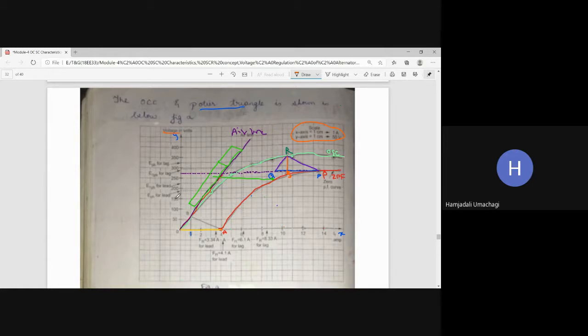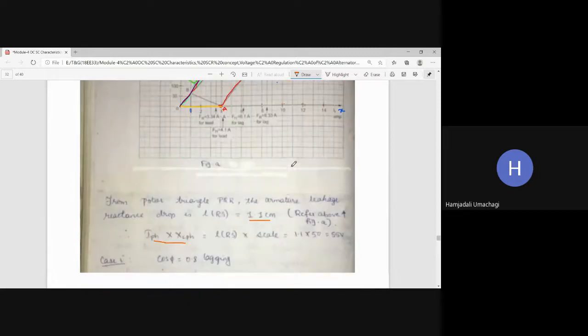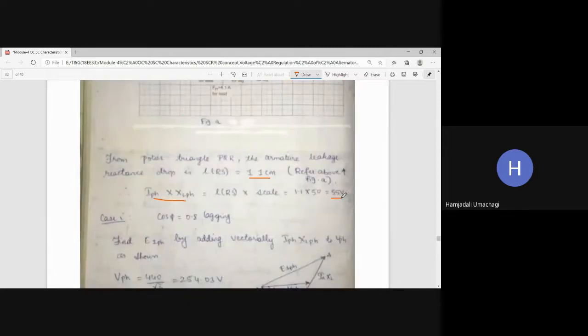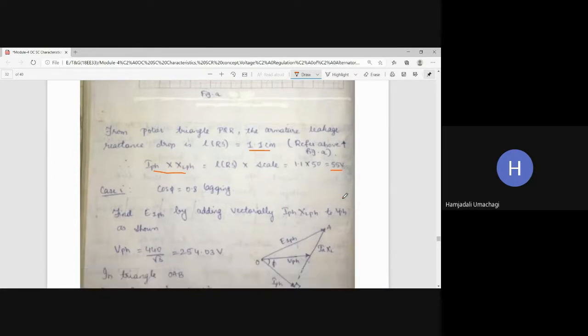What is 1 centimeter voltage information here? 1 centimeter is equal to how much? 50 volts, sir. 50 volts. 50 multiplied by length of RS, 1.1 into 50. How much will it be? 55 volts. Okay.